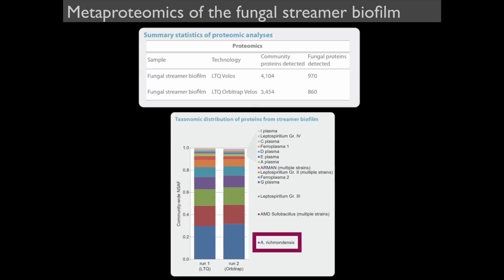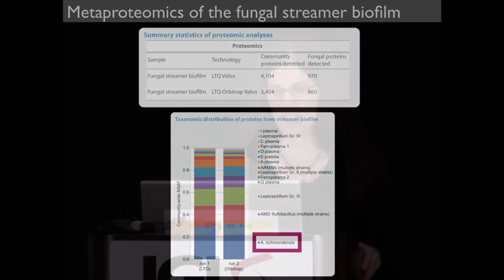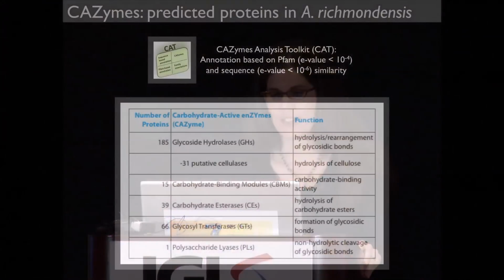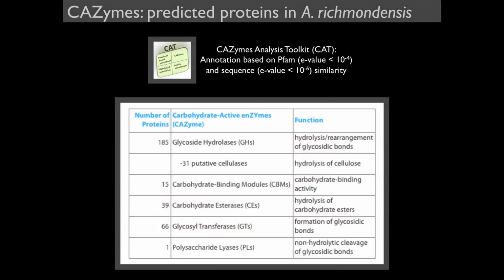We can see about 185 glycoside hydrolases, and of those, there's potentially 31 putative cellulases that are acting on the hydrolysis of cellulose. Among the other families, we see the carbohydrate binding modules, the carbohydrate esterases, glycosyl transferases, and the polysaccharide lyases. We've heard about a lot of these over the course of the meeting.